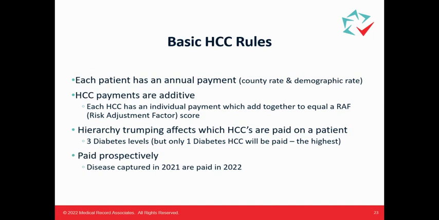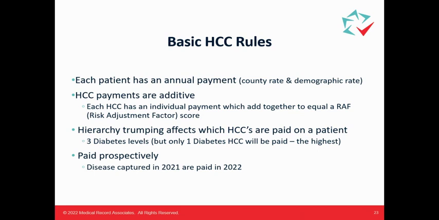So the basics of the reimbursement model is that each patient has an annual payment, which again is the county and demographic rate. HCC payments are additive. Each HCC has an individual payment which adds together to equal a RAF score, okay? So that is what we talked about before, right? We get the demographic, we get the county, and we get the HCC scores, or the risk adjustment factor.